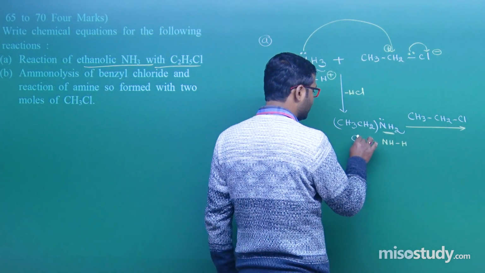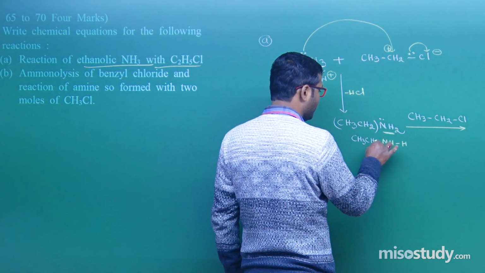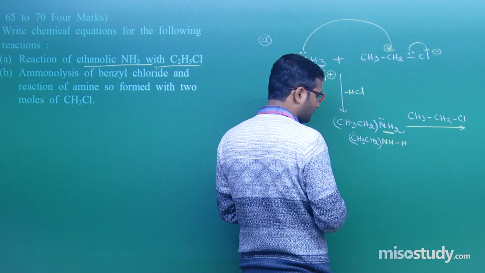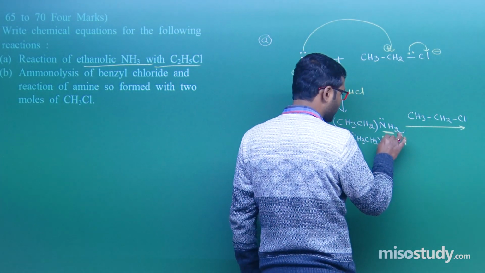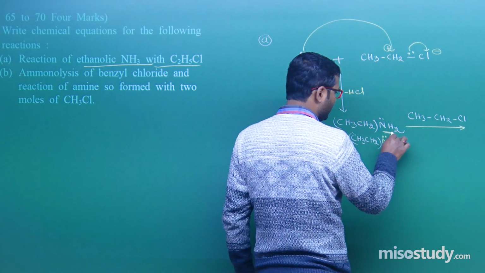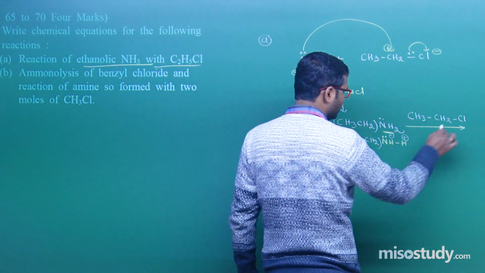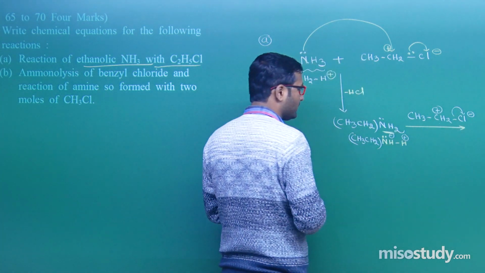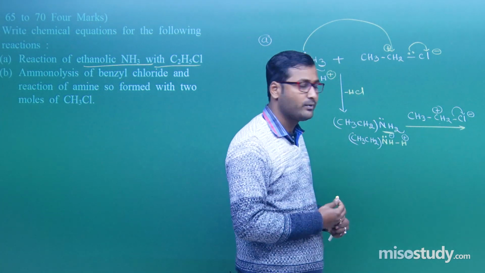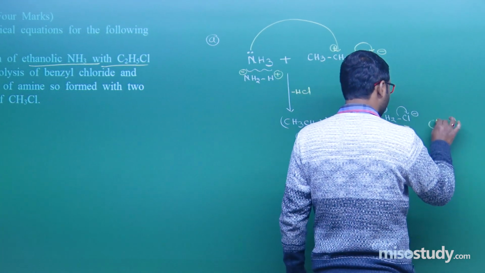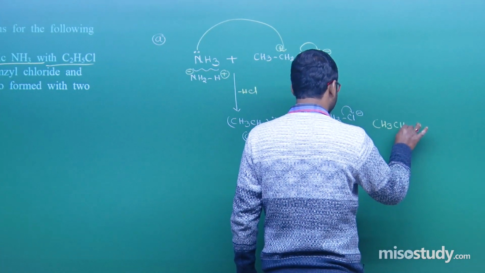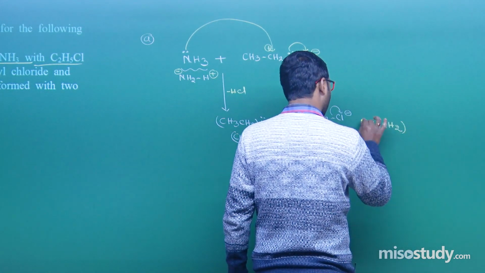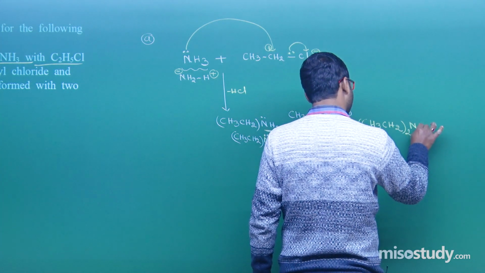We can write like this: CH3 CH2 NH and put here N. Again it will acquire a negative sign and a positive sign, so it will come here. So the next product, check it out, is (CH3 CH2) whole twice NH.